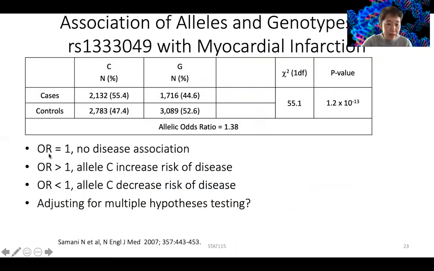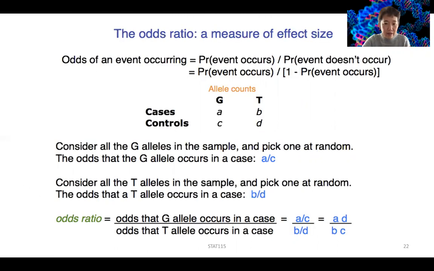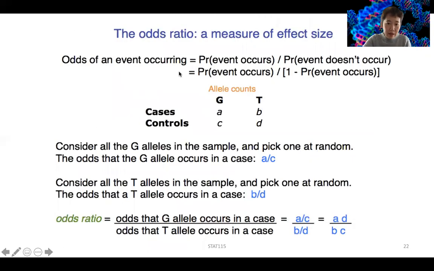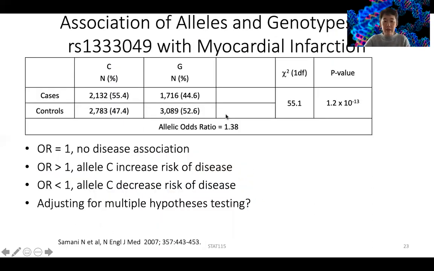If it's 1, it means there is no disease association. If it's larger than 1, in this case, this allele is increasing the disease risk. Whereas if it's less than 1, it means that when you have this G allele, you're less likely to have the disease.